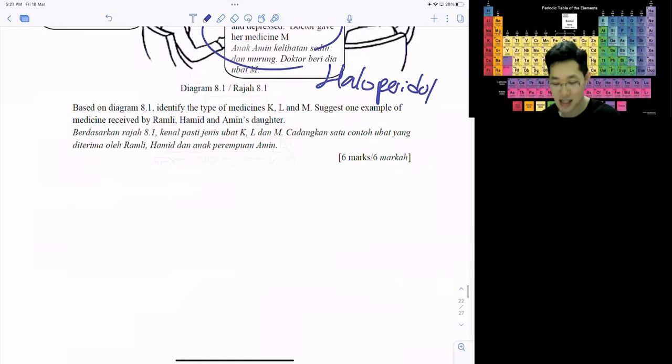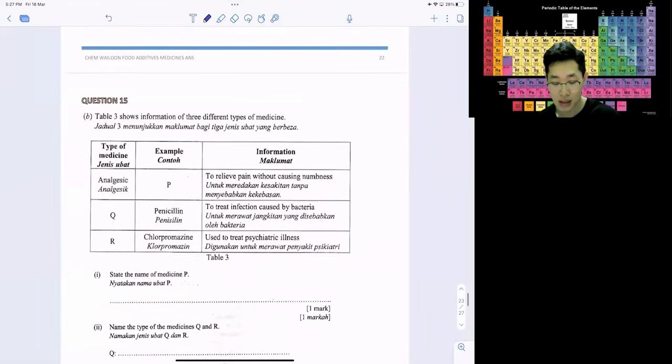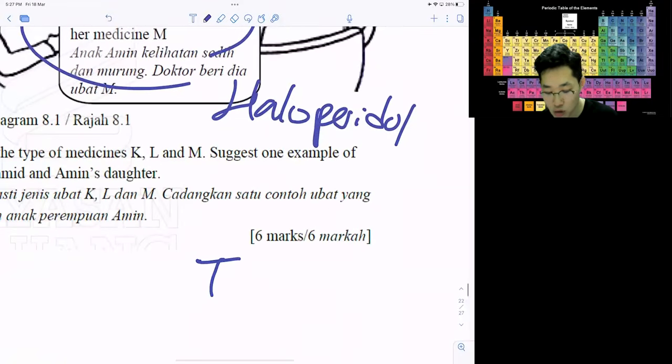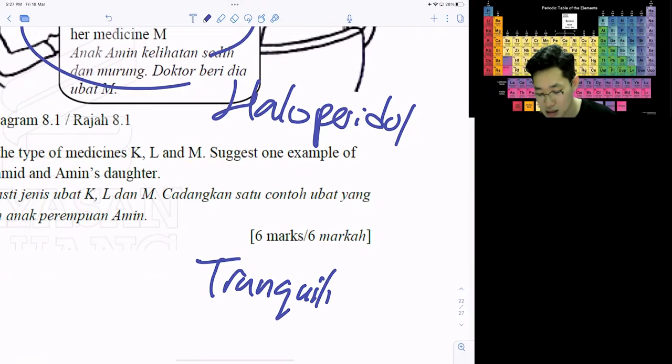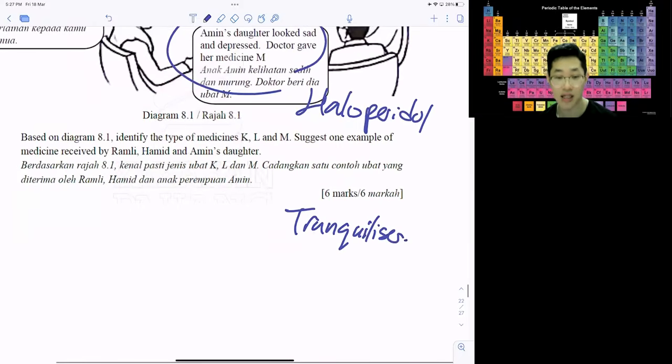Yeah, easy. Then also, if you know tranquilizer, you can also write this one.